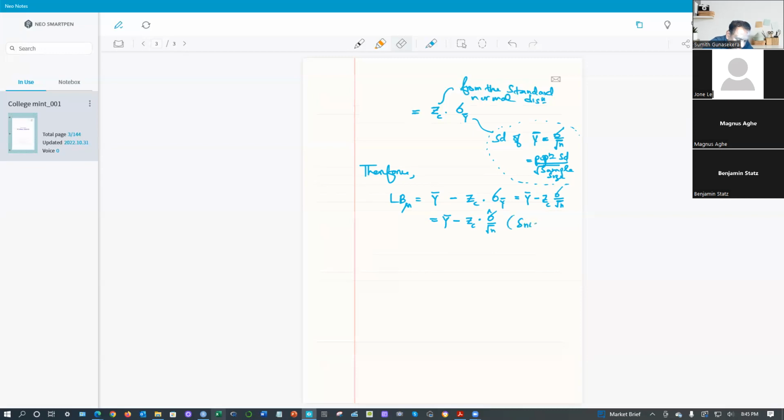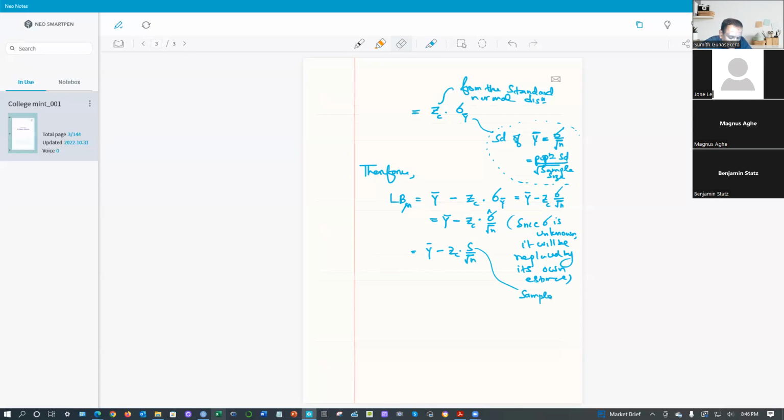Hence, since sigma is unknown, it will be replaced by its own estimate. Then the lower bound is y bar minus Z_C S over square root of n, where S is the sample standard deviation.